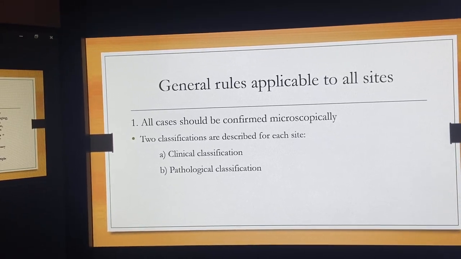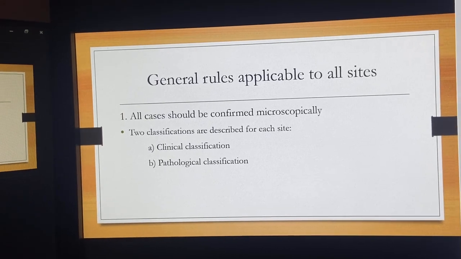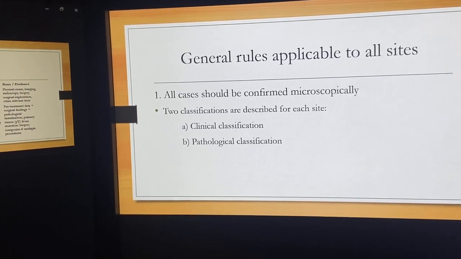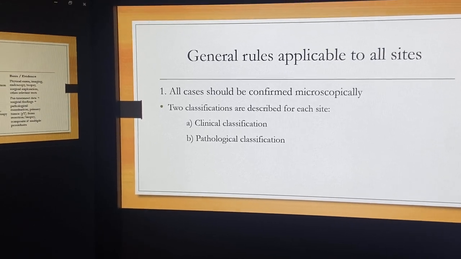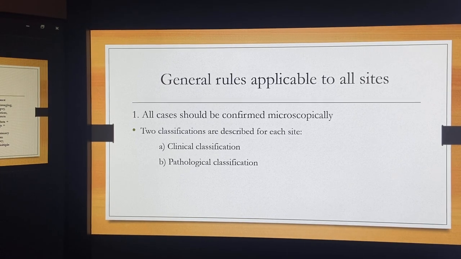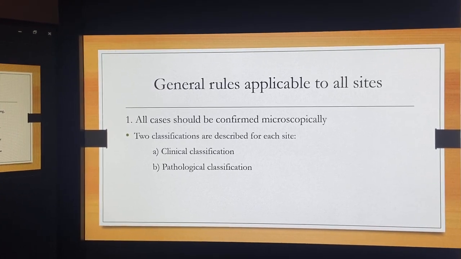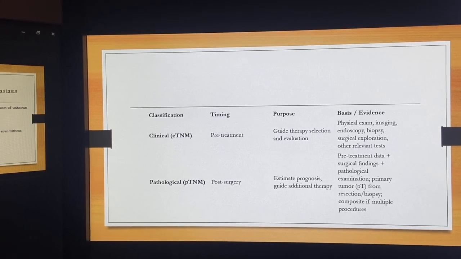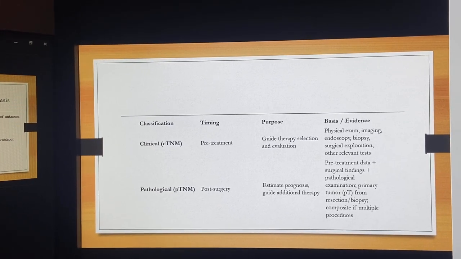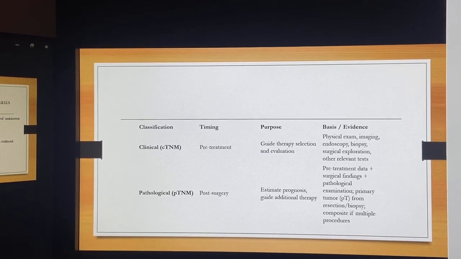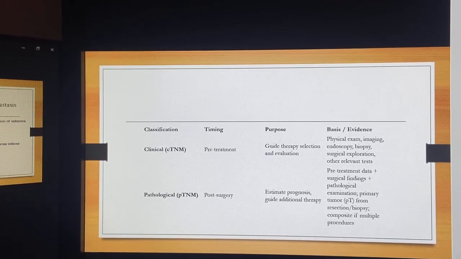There are several general rules that apply across all tumor sites. First, all cases should ideally be confirmed microscopically. Cases without such confirmation should be analyzed and reported separately. Each case receives two classifications, a clinical and a pathological. Clinical classification is based on the information gathered before treatment through examination, imaging, endoscopy, biopsy, or exploratory procedures.